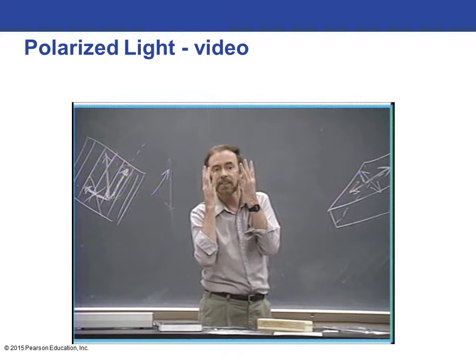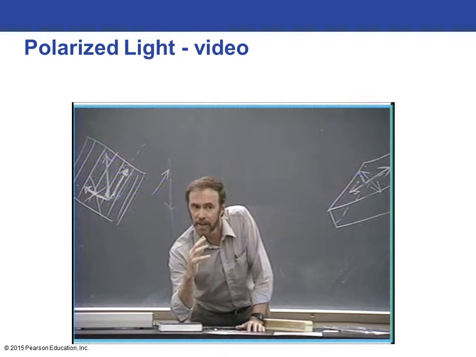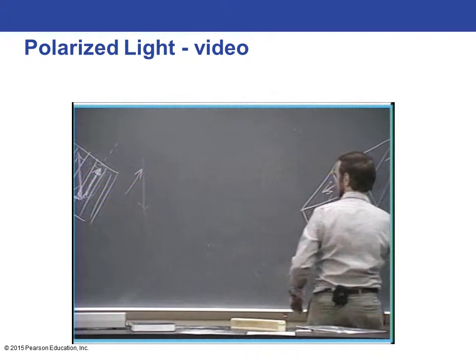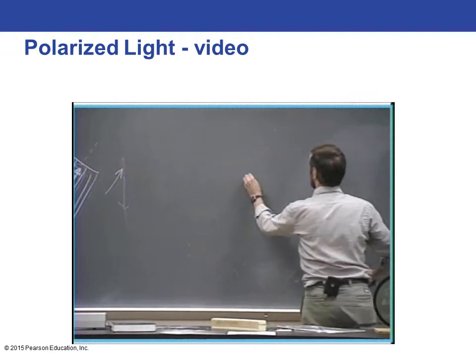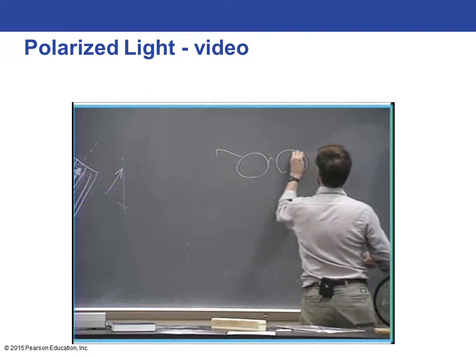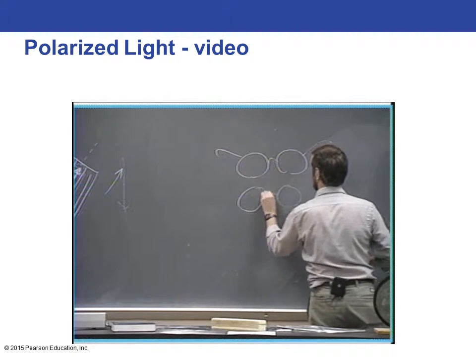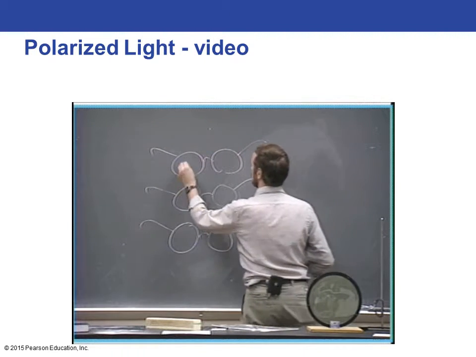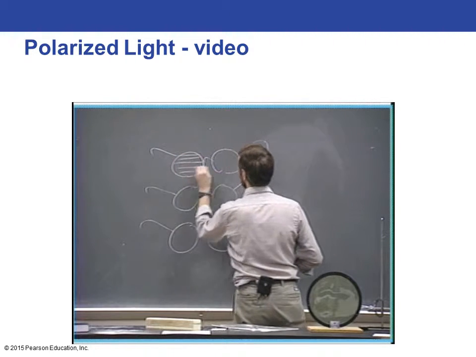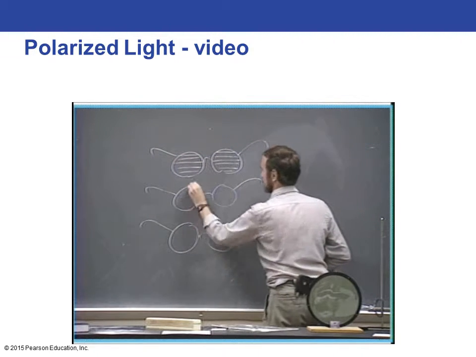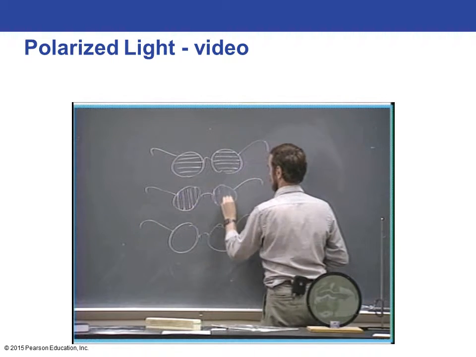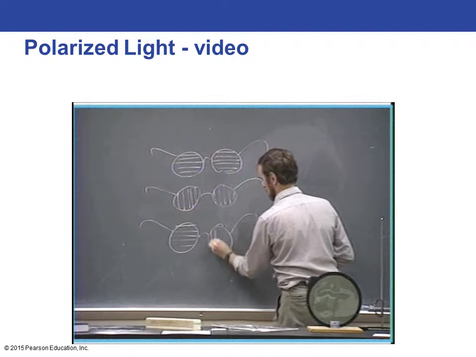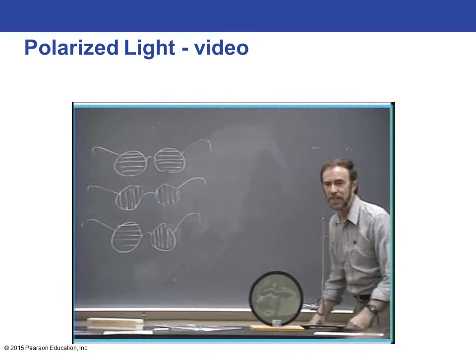So that's why you get the glasses. What kind of Polaroid glasses would you wear to cut out glare from horizontal surfaces? Let me show you three pair. Which would you use, gang?